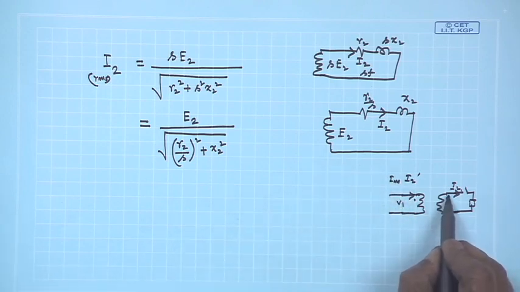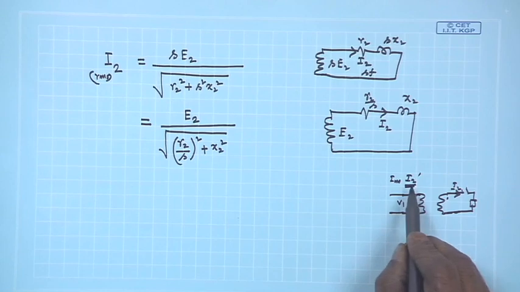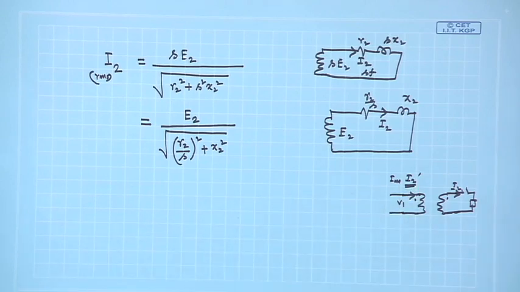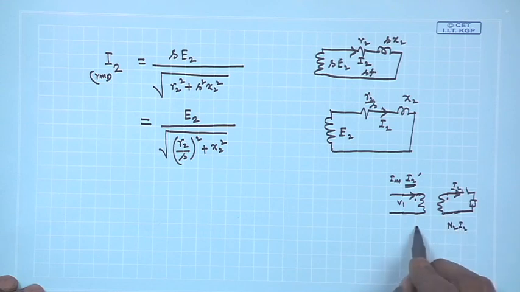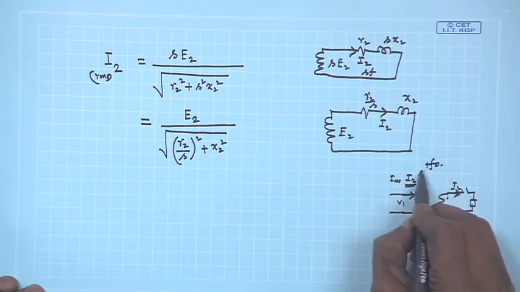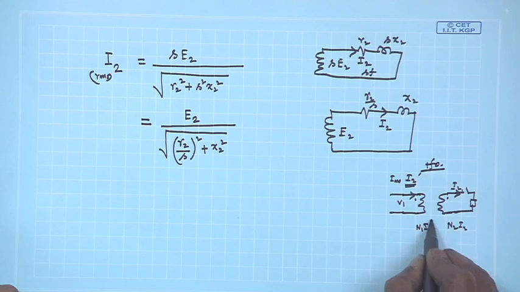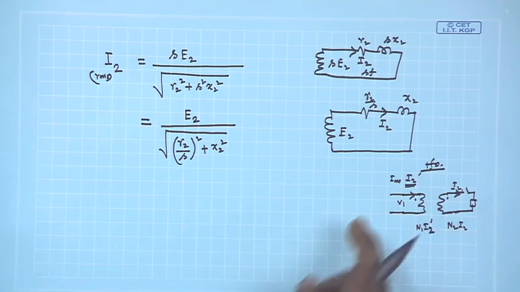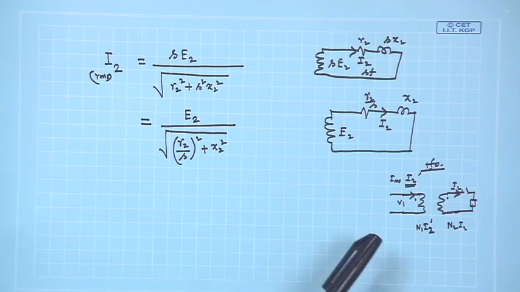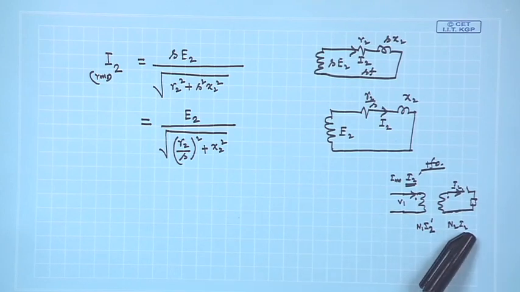And the value of this I2 dash will be such that N2 I2 is equal to N1 I1. It is in relation to a transformer, I am telling. N2 I2 is equal to N1 I2 dash, extra current it will draw in apart from this Im, such that N1 I2 dash is equal to N2 I2.